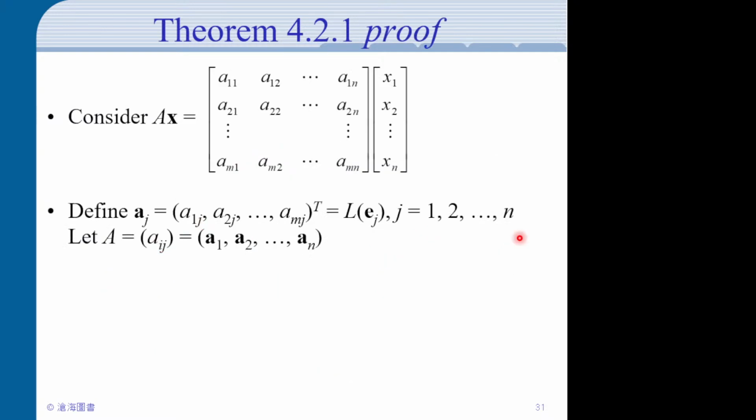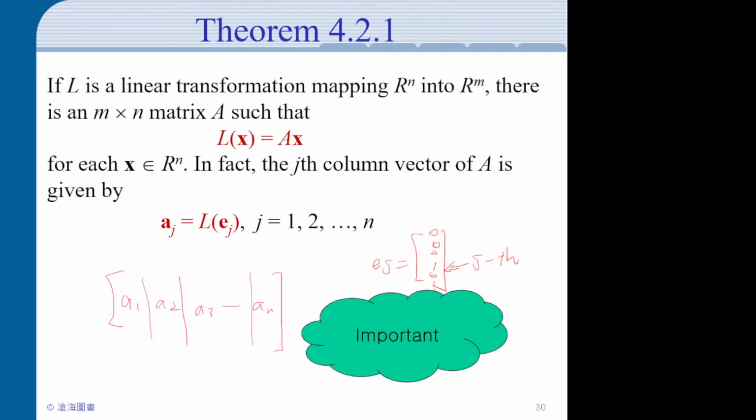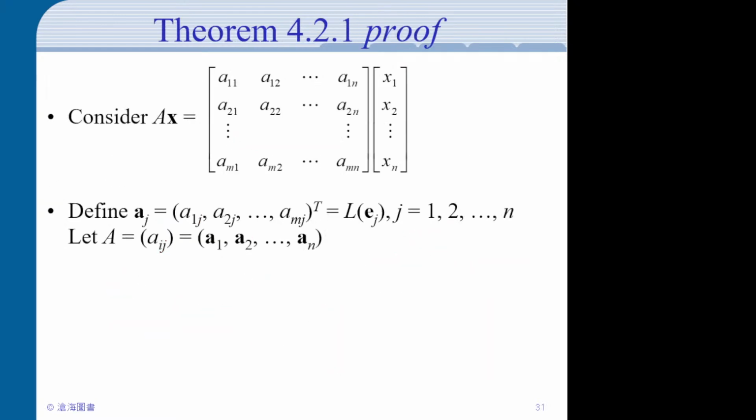And so let's write down the matrix a little more. So for example, this thing will be A2.